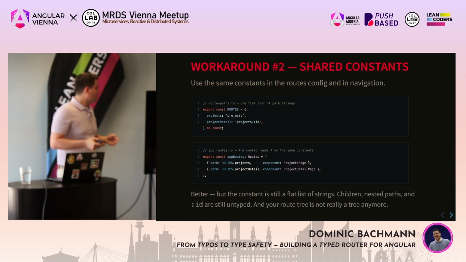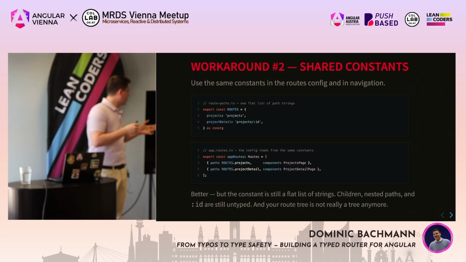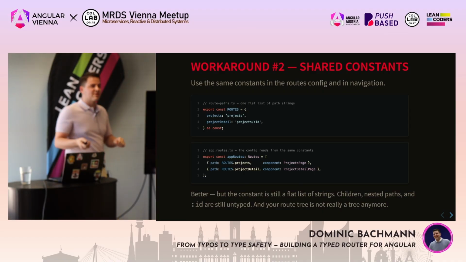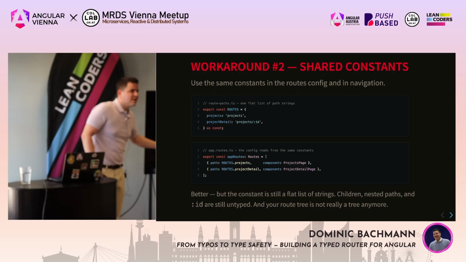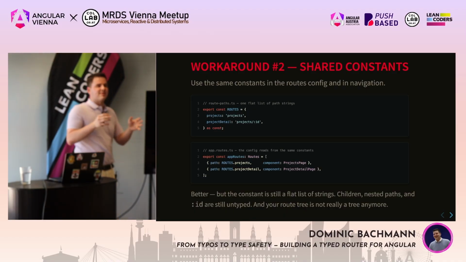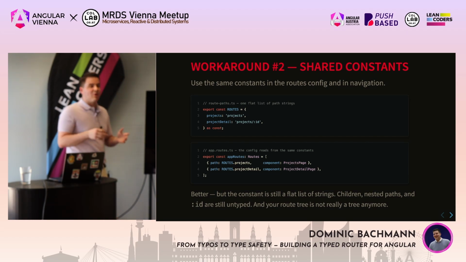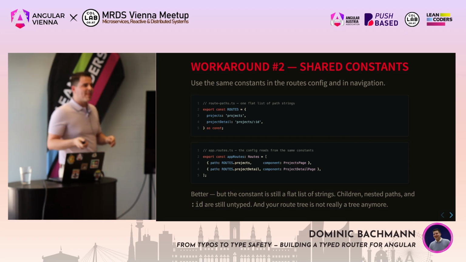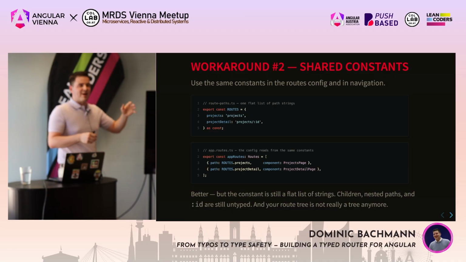Now, what I also saw is that you create a shared constant. So, taking it a step further, define your constant, and then also use that constant definition in the routes itself. So instead of writing the path as a string, you now use the properties from the constants as the path. Now this brings another problem. Like you can see here in the two examples, this is just flat, right?